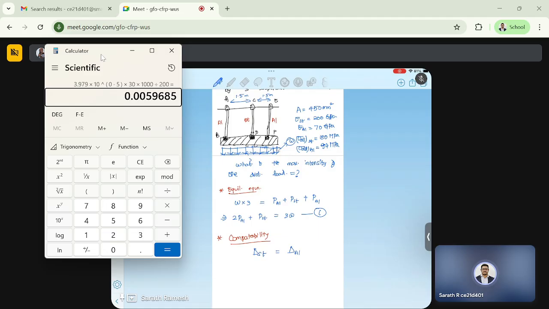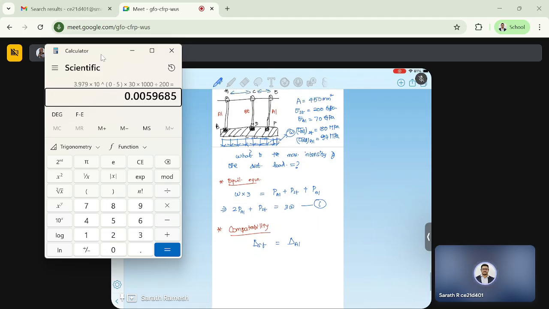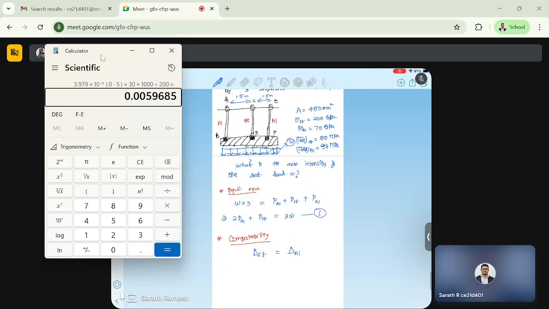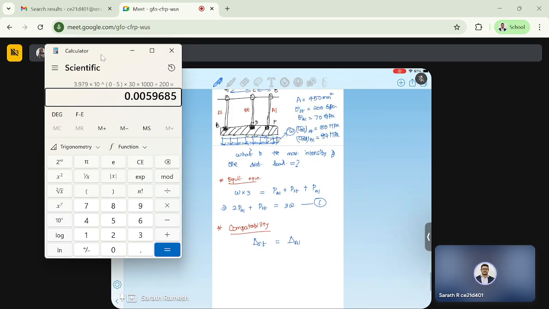Because it's a rigid thing, it cannot undergo nonuniform elongation, and W is acting uniformly, so both the steel and the aluminum are undergoing uniform elongation. Where will the difference come? The difference will come in stresses. Each of them will take different loads, right? So this is done.